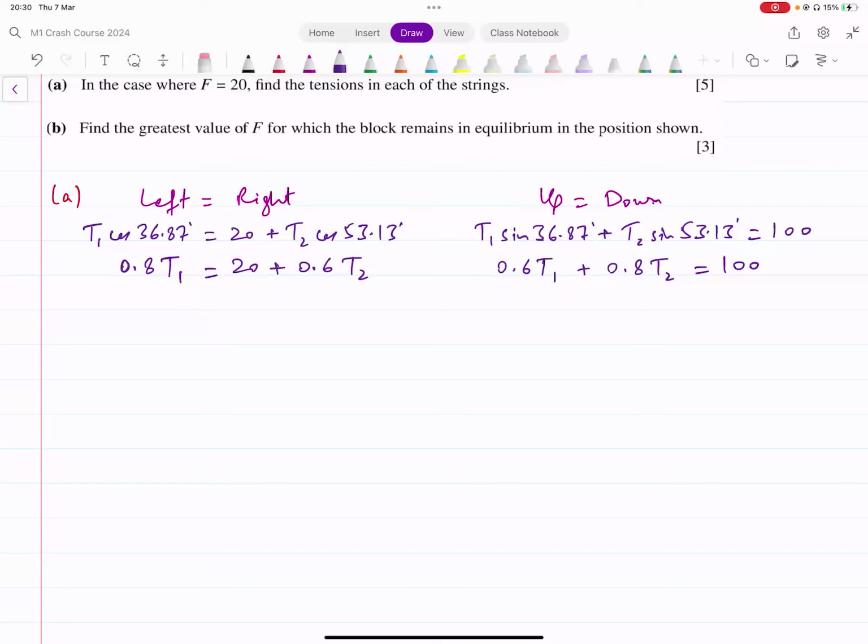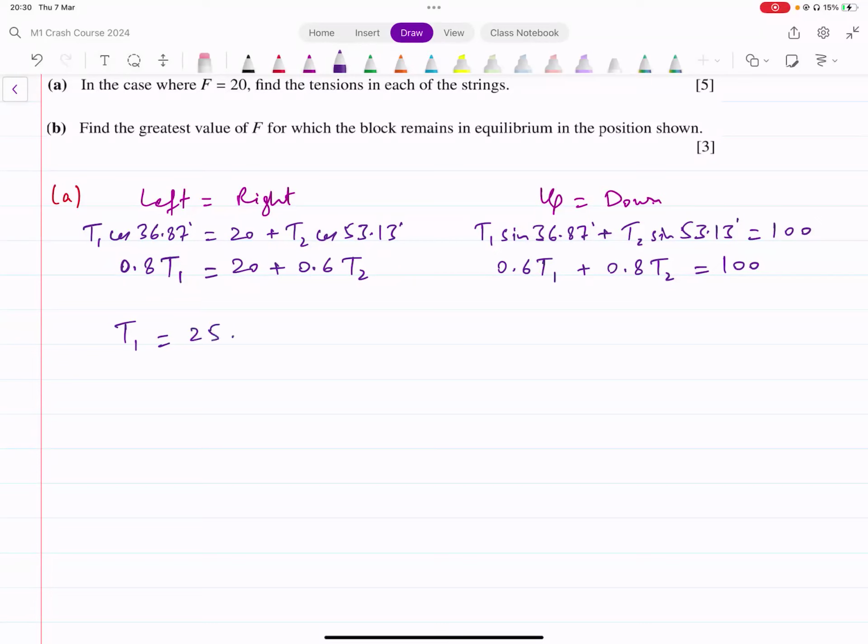How do we solve them simultaneously? We can make any one variable the subject in one equation. Let's say we use the first one to make T1 the subject. T1 equals, so I'm dividing the whole equation by 0.8. Okay, 20 over 0.8, what's that? 25.